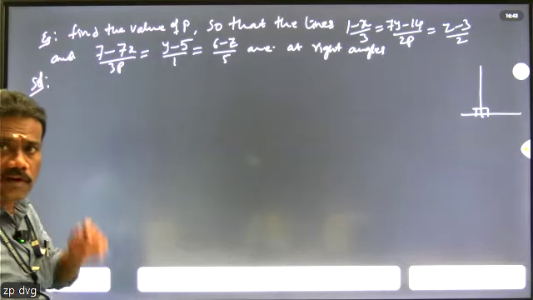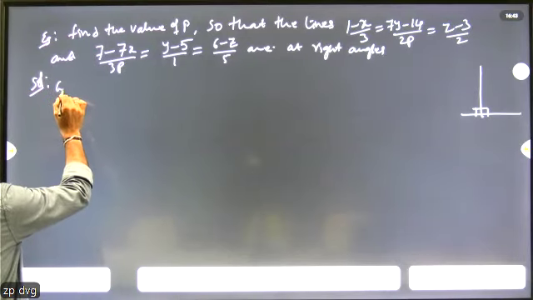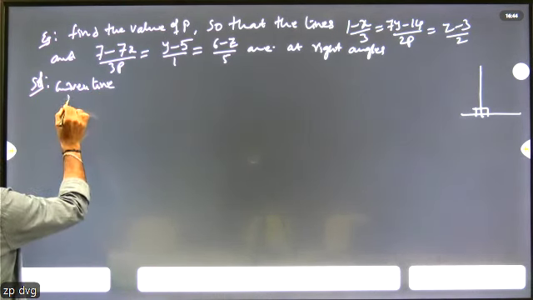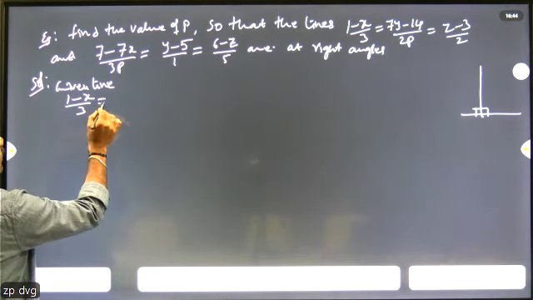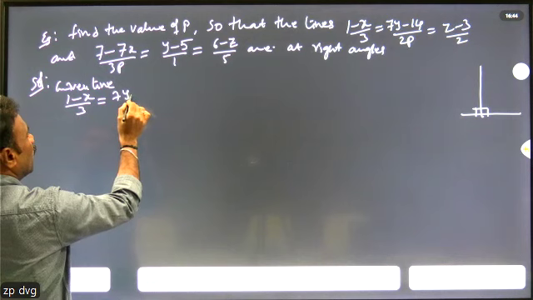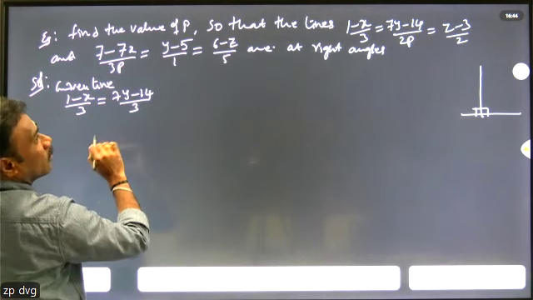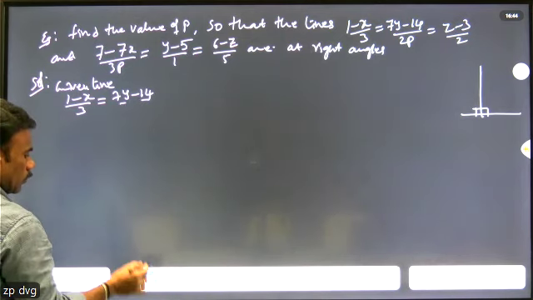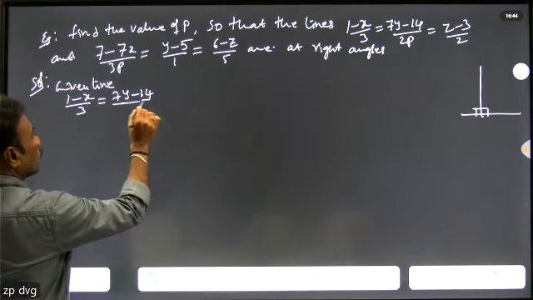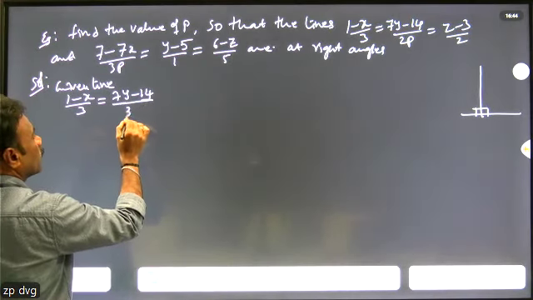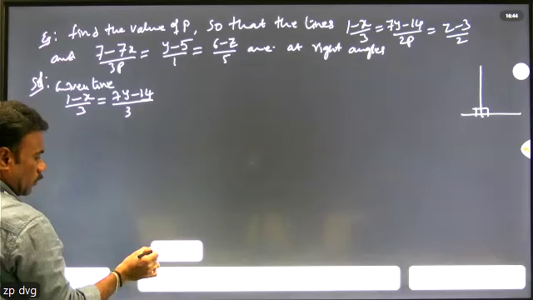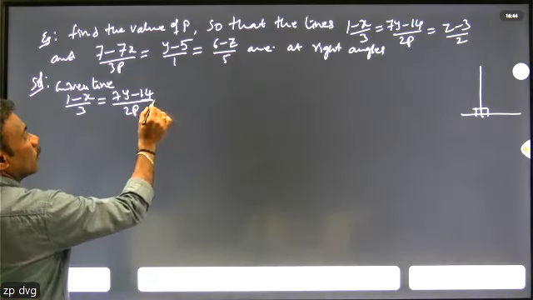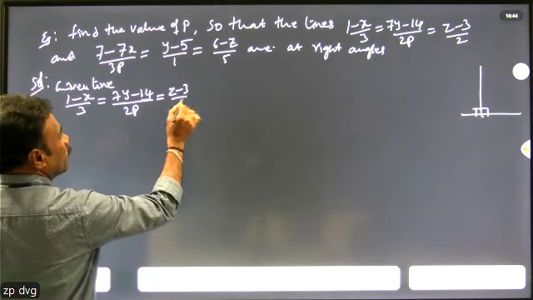What is the given first line? They have given 1 minus x by 3 is equal to 7y minus 14 by 2p is equal to z minus 3 by 2.